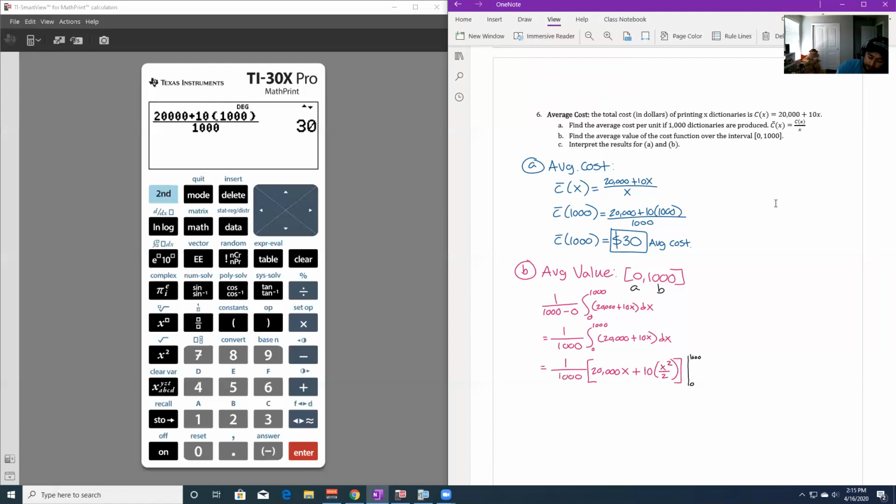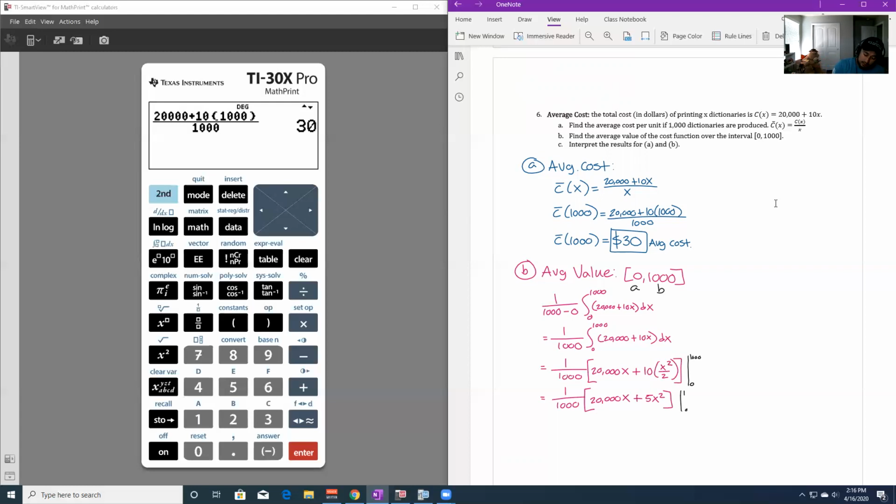Okay, clean up. 1 over 1,000 times 20,000x plus 10 times x squared over 2, that's just 5x squared. Still evaluated from 0 to 1,000.